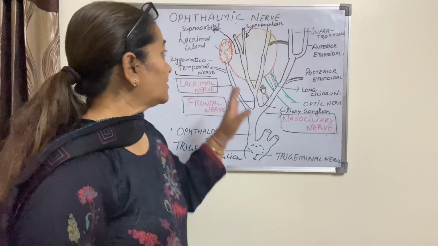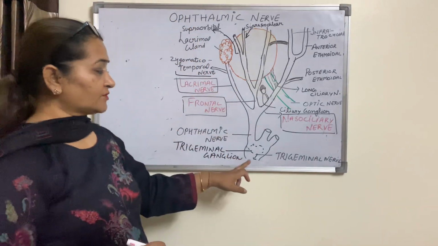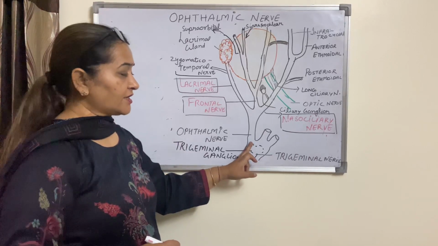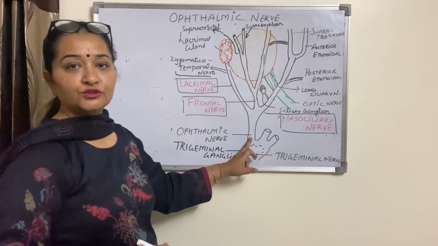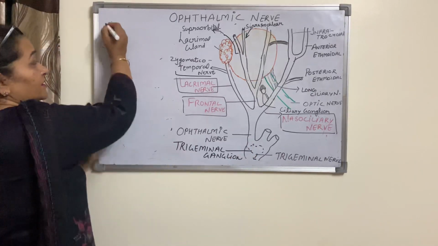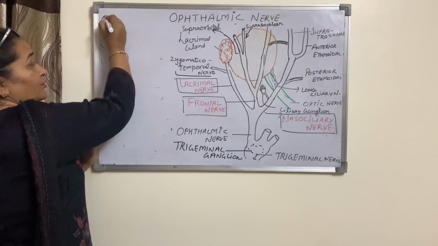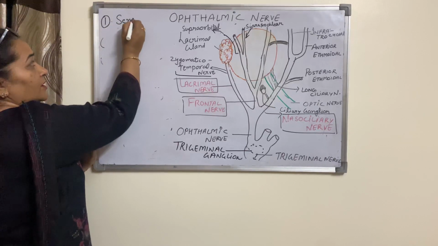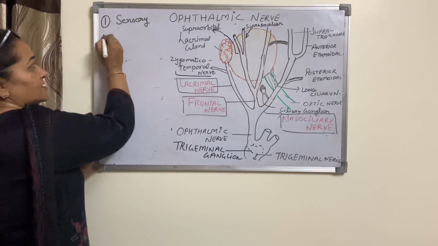Now this ophthalmic nerve, as I have told you, is coming from the trigeminal nerve, which bears a ganglion. It is arising from the anteromedial portion of the trigeminal ganglion. What is important regarding the description of any nerve, as I told you in my previous lectures, is the type of nerve. The ophthalmic nerve is a purely sensory nerve.